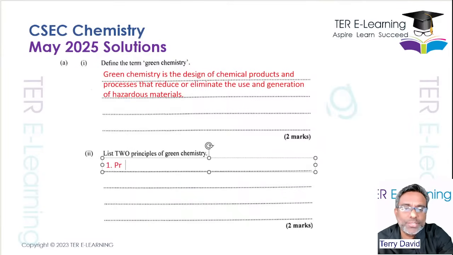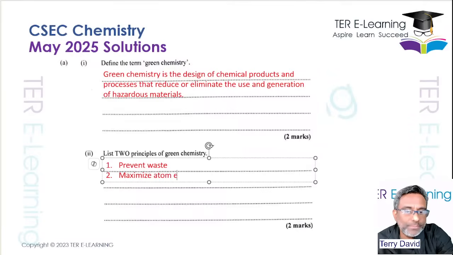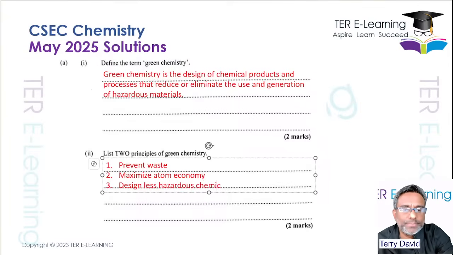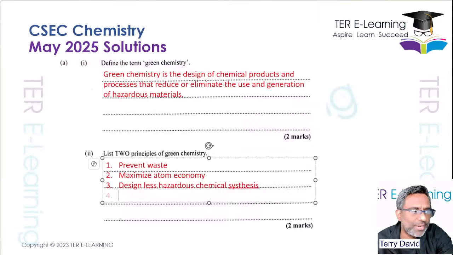So one is to prevent waste. That's a possibility. Maximize atom economy. So there are several you could choose from. You basically have free reign here, whatever you want to do. Design less hazardous chemical synthesis. What else we have here?